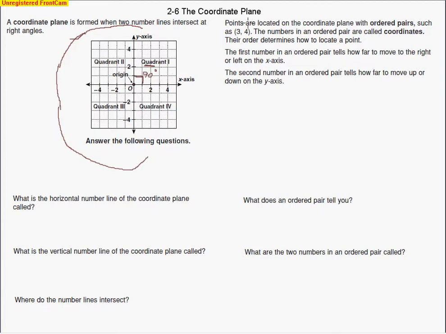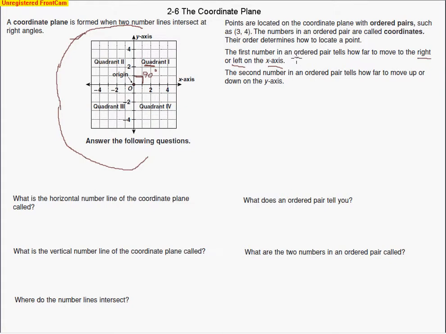It says points are located on the coordinate plane. Those are called ordered pairs, and here's 3, comma 4. The first number in the ordered pair tells how far to move to the right or to the left on the x-axis. So for 3, 4, I go over 3 spaces on the x-axis to the right because it's a positive 3.